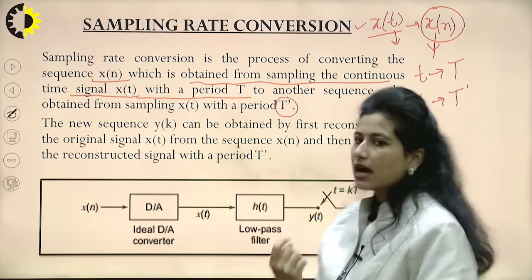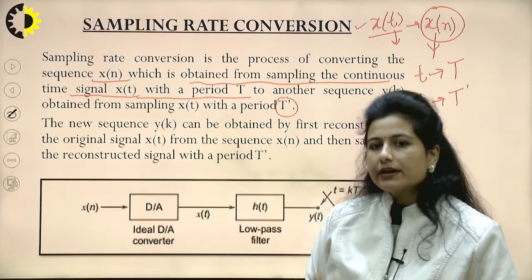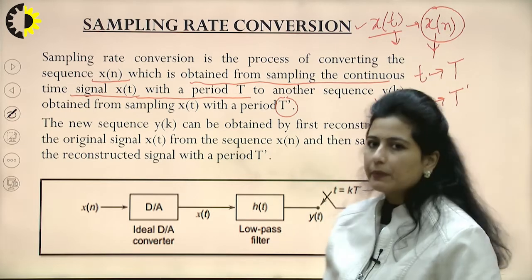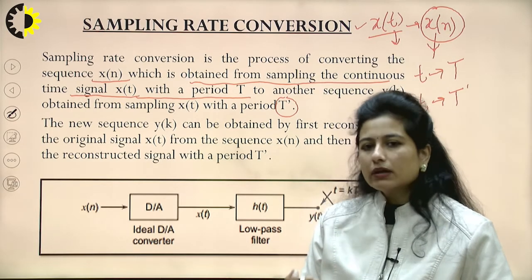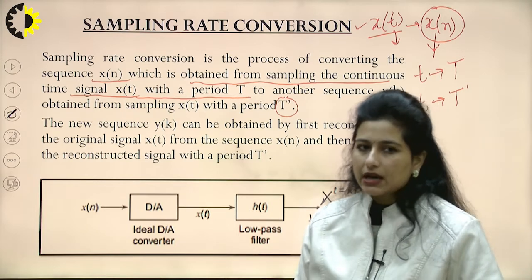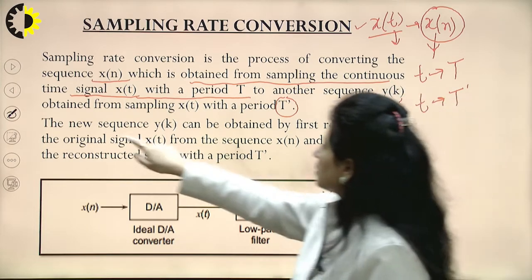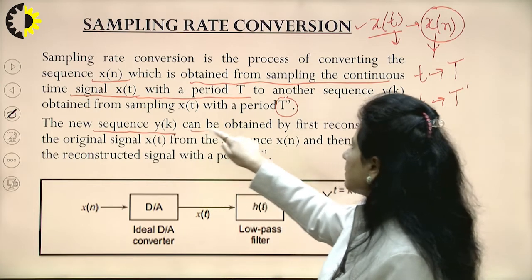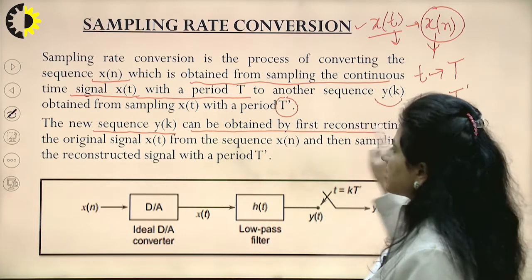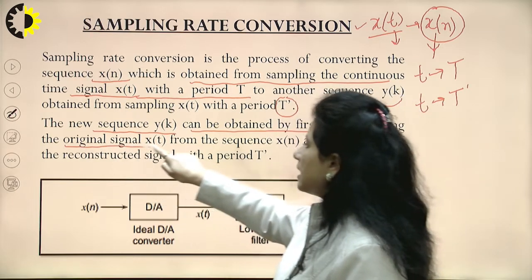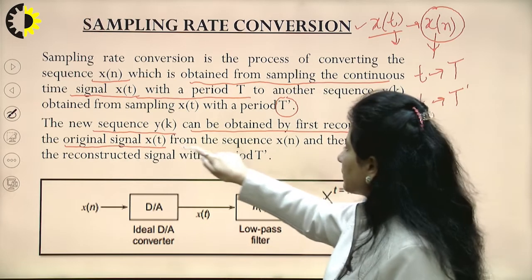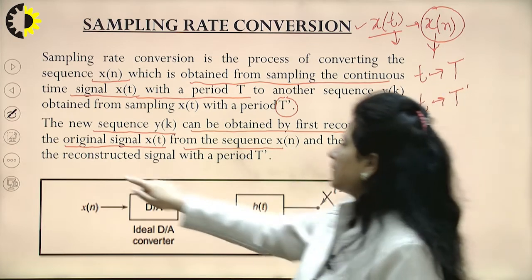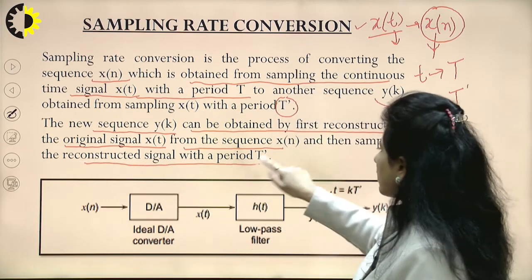Only the time variable, which has already been discretized by continuous time sampling, has its time period or frequency changed. The new sequence is called y(k). It can be obtained by first reconstructing the original signal x(t) from the sequence x(n), and then sampling it again to have a period T dash.